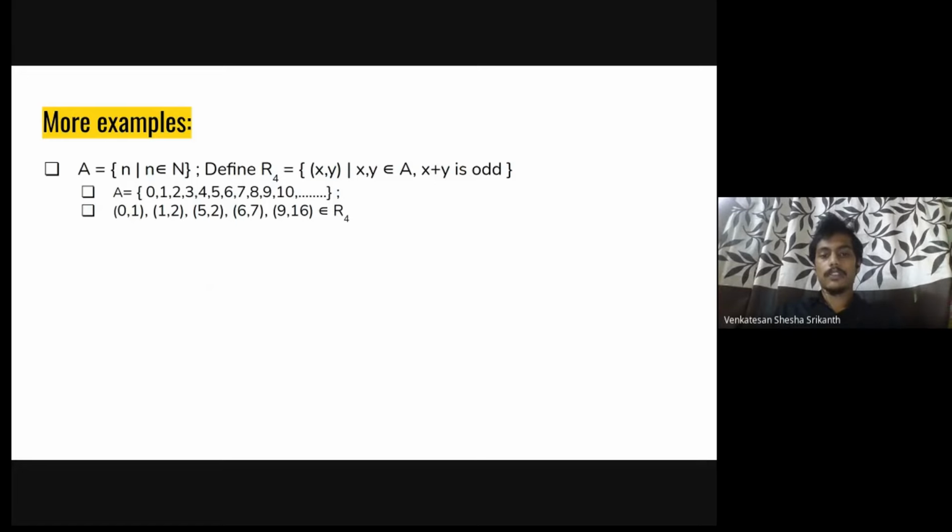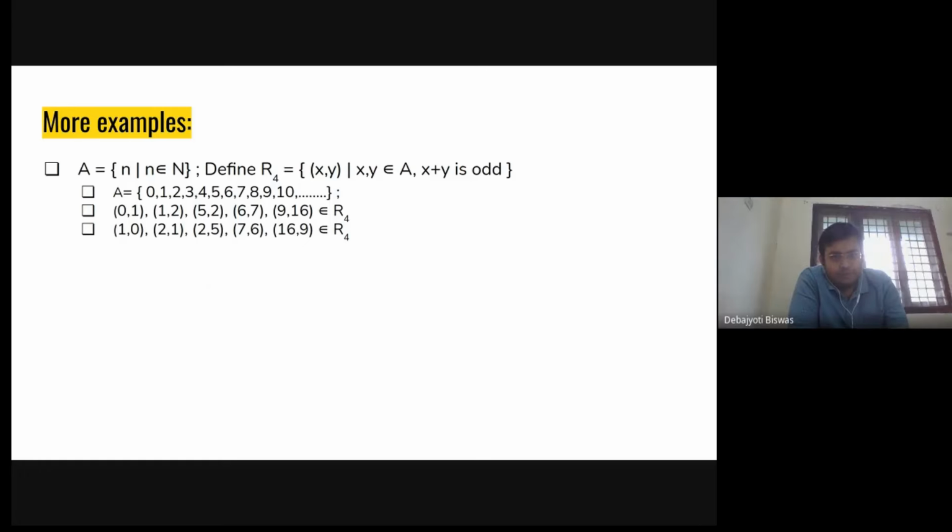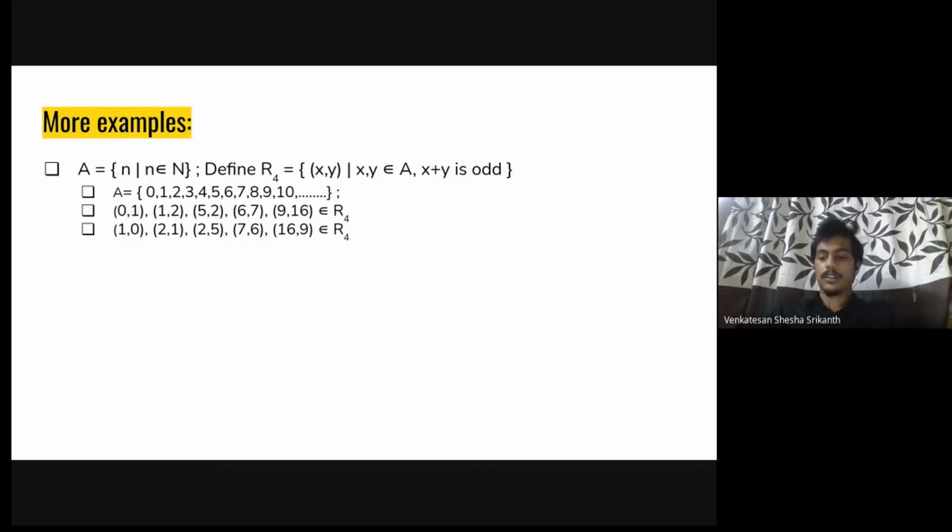So all these elements will be in my R4. Now I have to check whether the symmetric elements (1, 0), (2, 1), (2, 5), (7, 6), (16, 9) are in R4 or not. Yes, they will be, because they follow this condition.